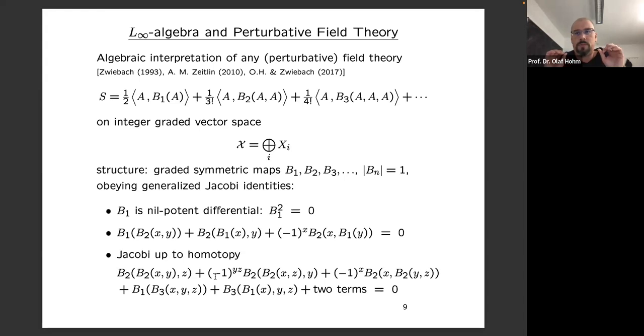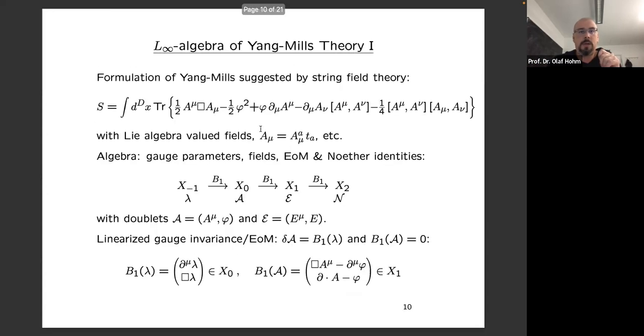I just want to use that there's such an algebra, and it codes field theory in this fashion. So first by defining the action, but now also defining things like gauge transformations and field equations, etc.